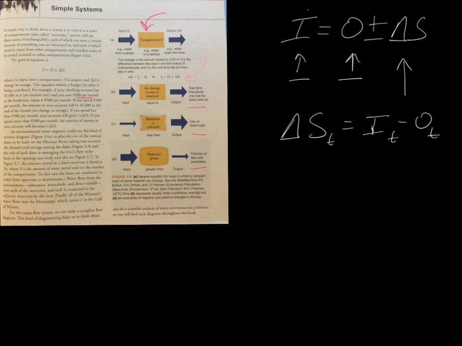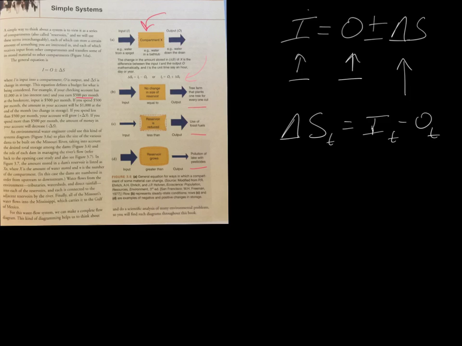Now, the last example is when the input is greater than the output. So let's say there's some pesticide that gets in the sediment, so it doesn't leave the reservoir very easily. The input keeps coming in, but it's leaving very slowly because it's in the sediment, not in the water. Or maybe the lake doesn't empty very well.